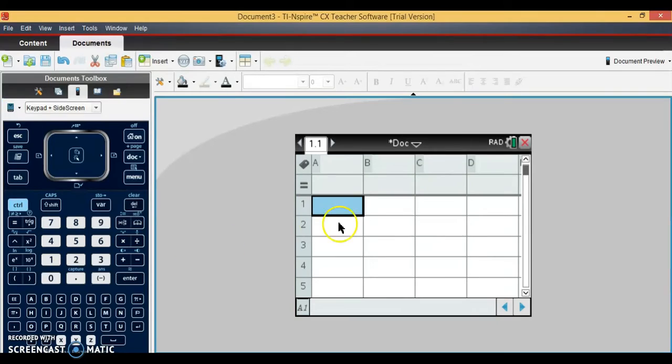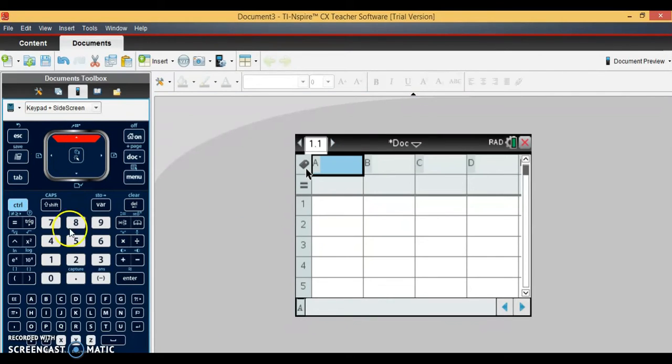And this is going to pop up. Right here where you see the A, you're going to go up and you're going to type in the X. The X is down here in white. Enter. And then you're going to move up to the B and you're going to label it Y. The Y is also down here in white. Enter.